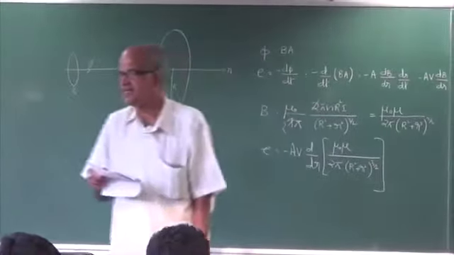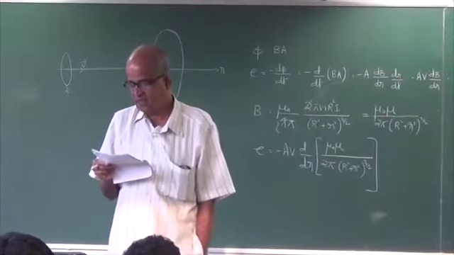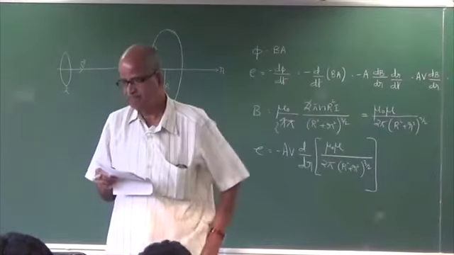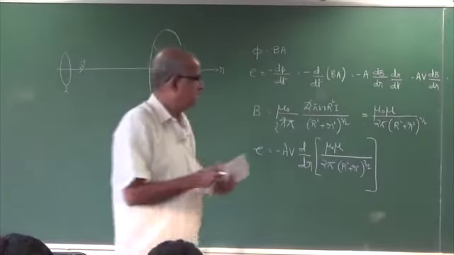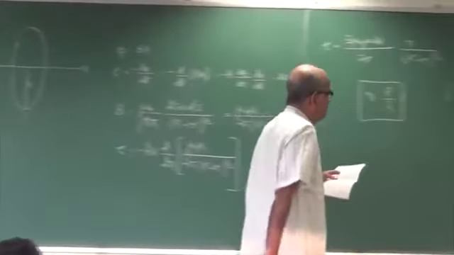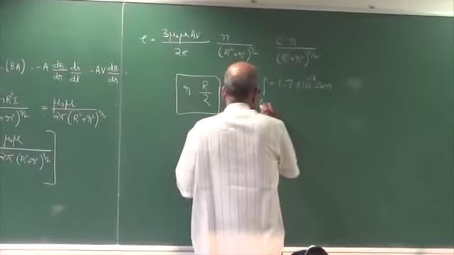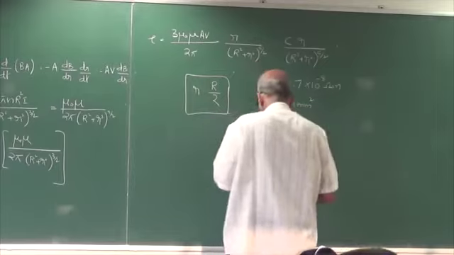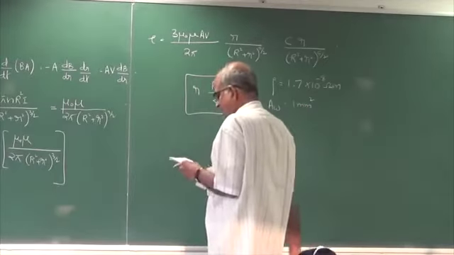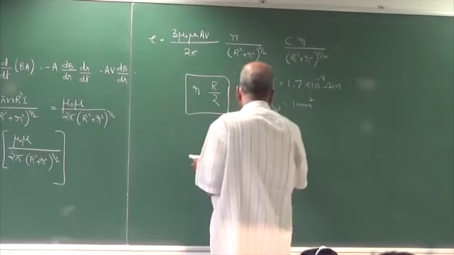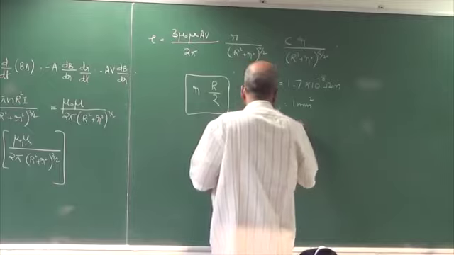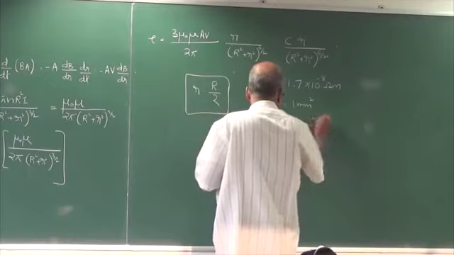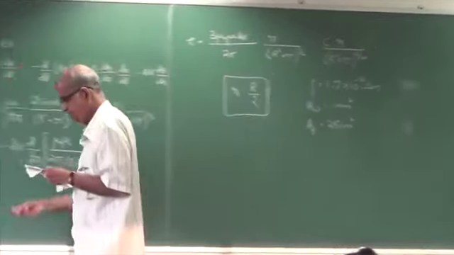The cross-sectional area of the wire is 1 square millimeter, and the area of the frame is 25 centimeters square.